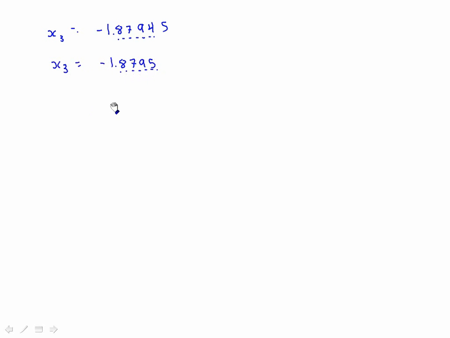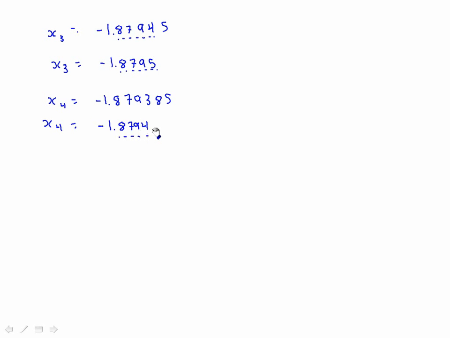Store that again in x, and then once more the entry key twice and enter, and you'll get x4 is equal to negative 1.879385. So x4, when we take it to 4 decimals, is negative 1.8794. So it's a little bit off what we had previously, so we must keep going.